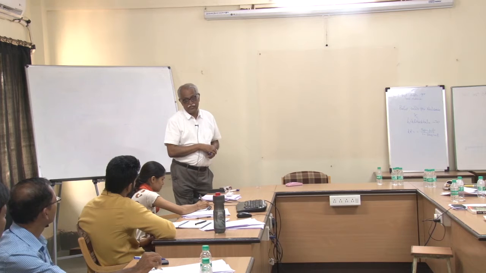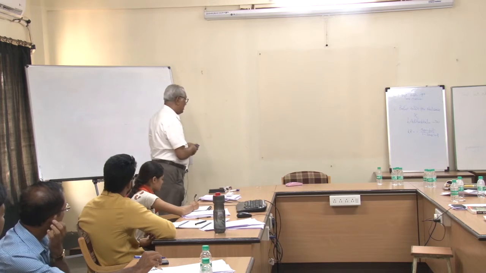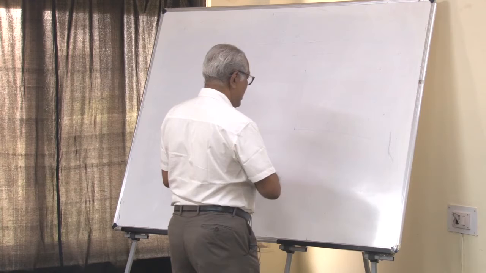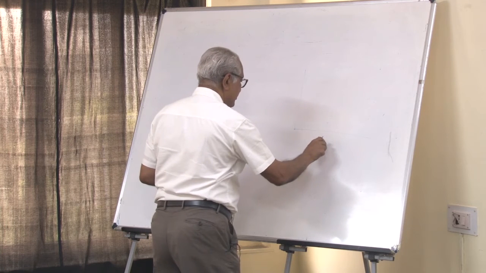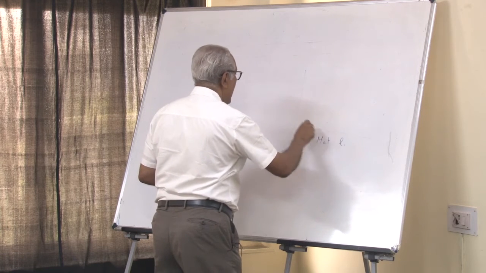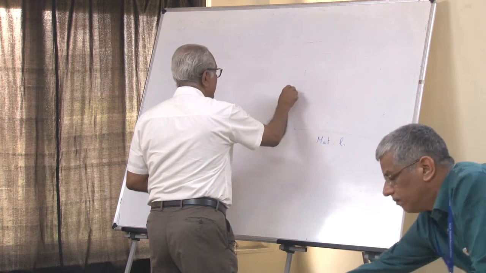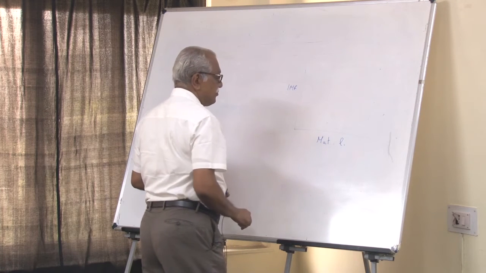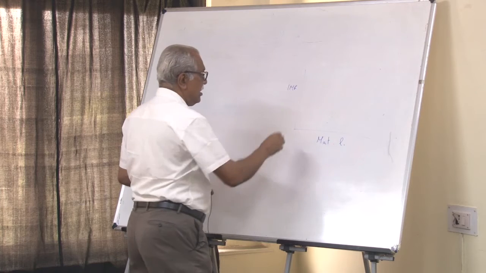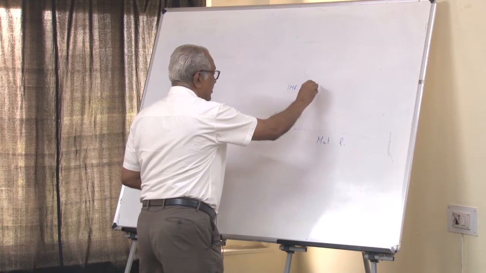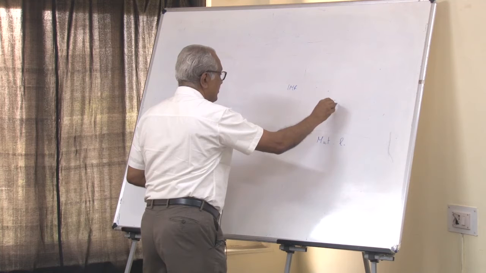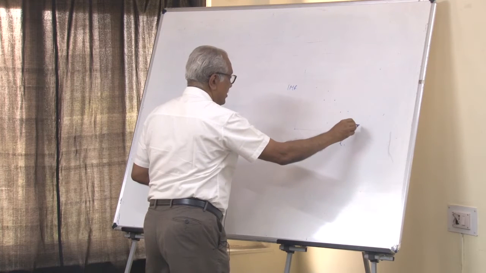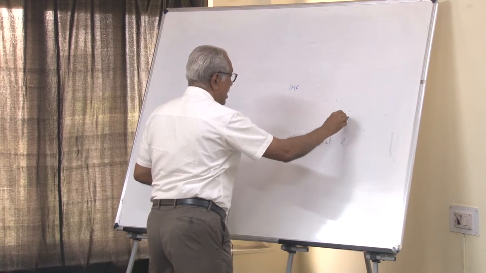The x-axis is maternal literacy, and this is IMR. Each state contributed 1 point. What does it show?